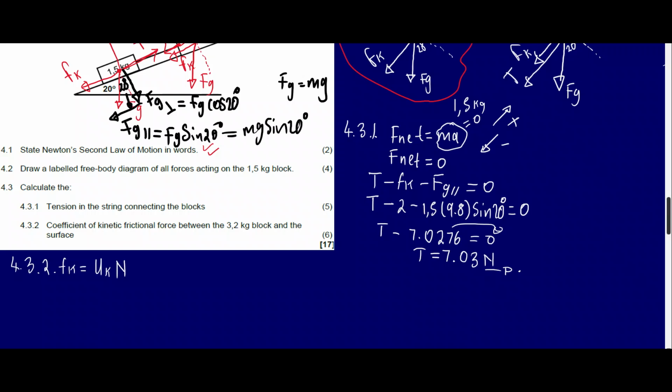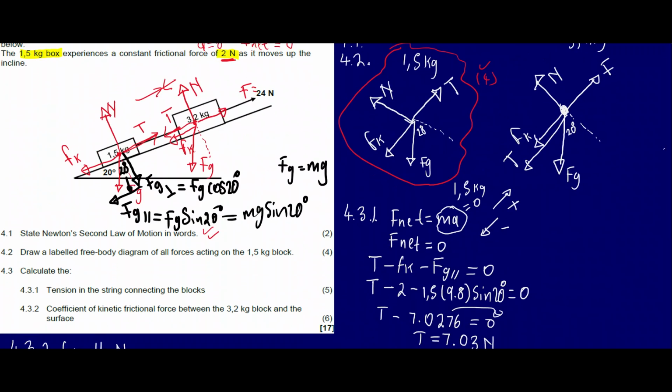But then do we have the N here for the block? So I want you guys to remember something, that the normal force here is equal to the perpendicular component.